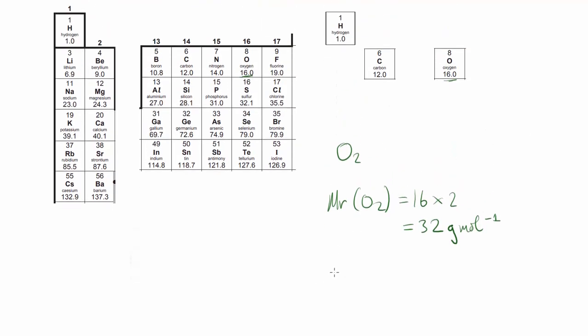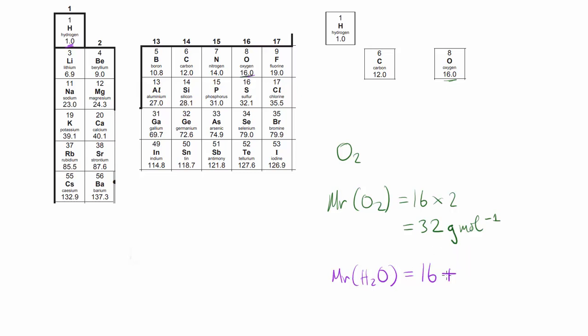So the MR of H₂O would be, so hydrogen, we've got oxygen, right? So it's going to be 16 plus, because that would be 16 times 1, right? Because the coefficient here for the oxygen is just 1.